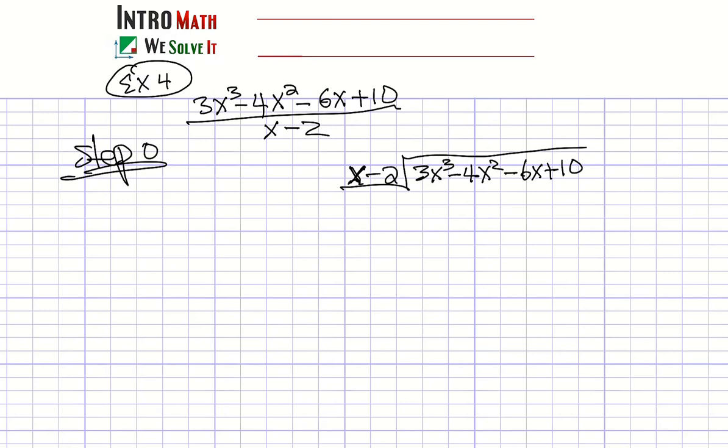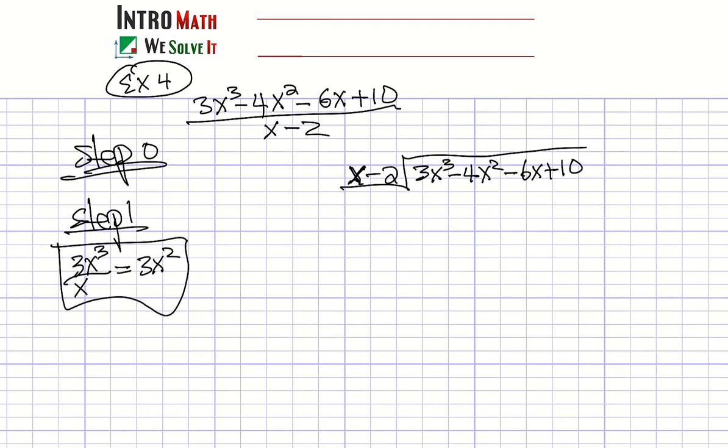So we say step 1. Step 1 will say 3x cubed divided by x. You get 3x squared. You see that, right? And then we'll take that, put it over here, 3x squared.